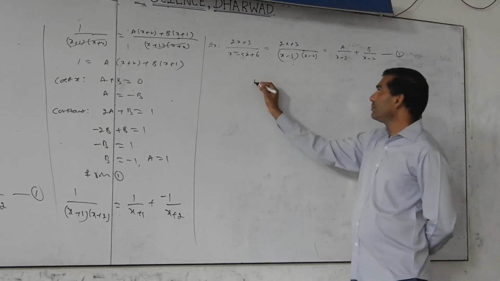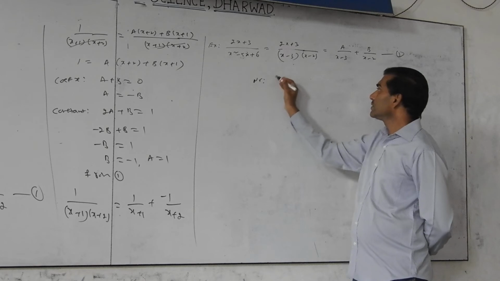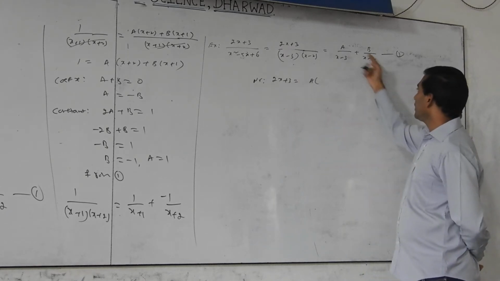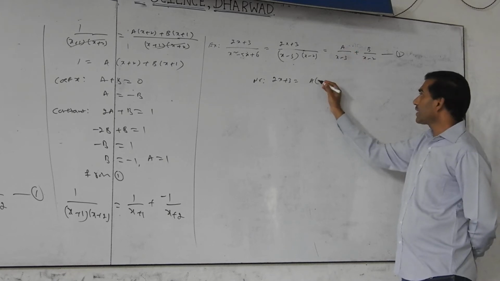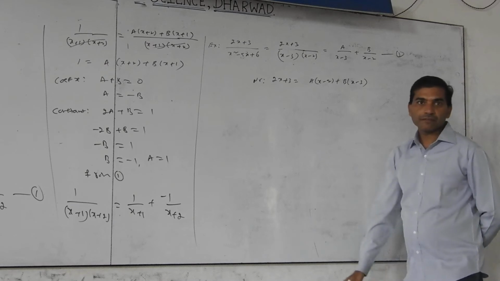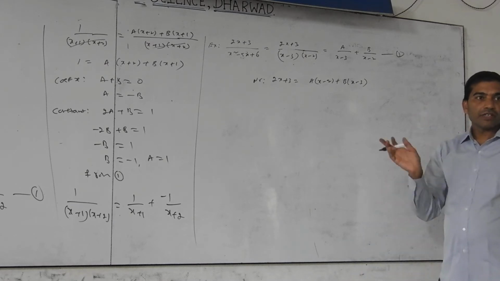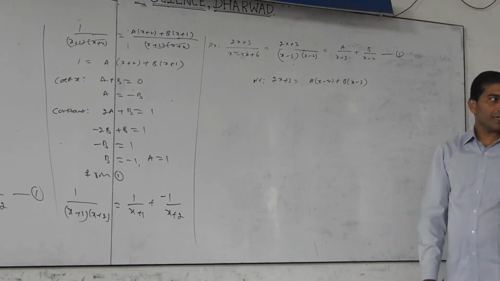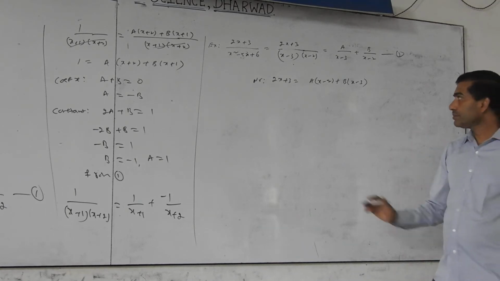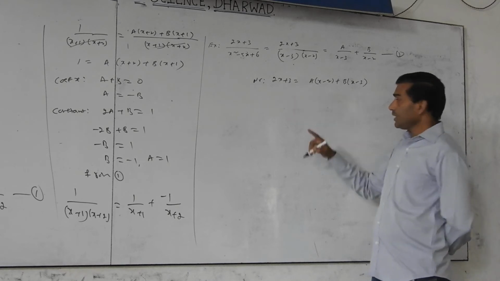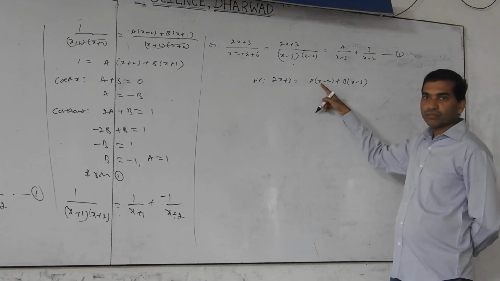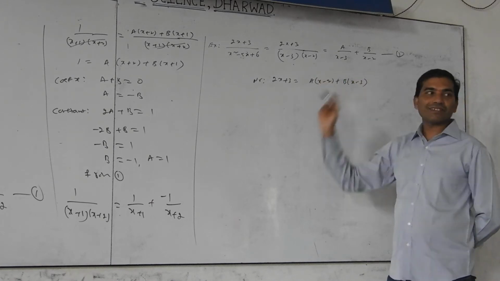Taking the LCM, 2x + 3 = A(x - 2) + B(x - 3). By equating the coefficients of x and the constants on both sides, we get A and B. Or an easier method is to put a value of x for which A vanishes, and we get B.